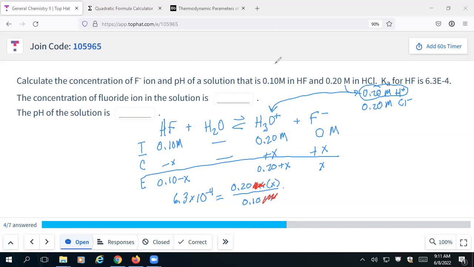This expression is approximately equal to 2x once I take the 0.2 and divide it by the 0.1, which means that to two significant figures, 3.2 times 10 to the negative fourth molar would be our x value.